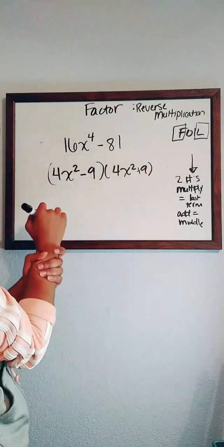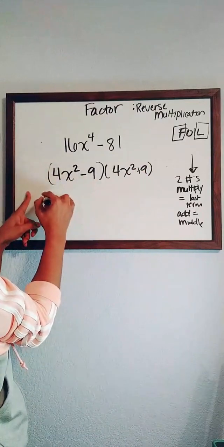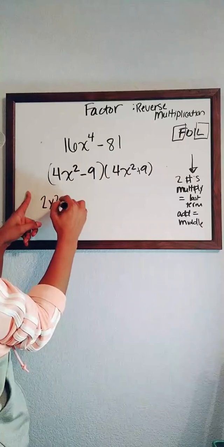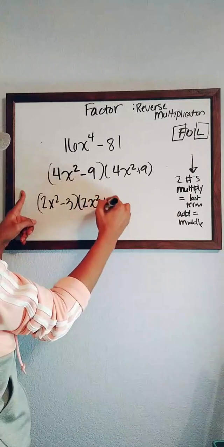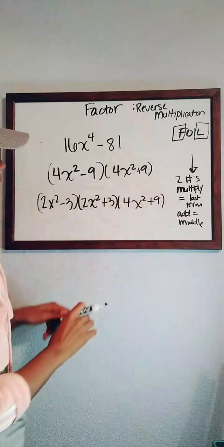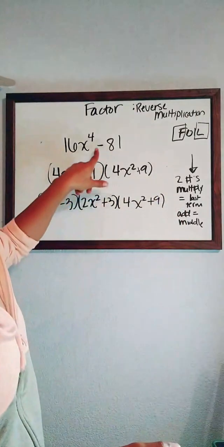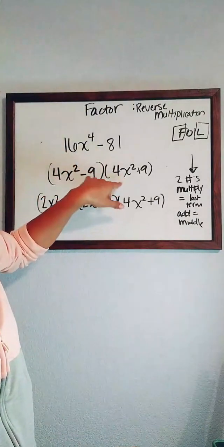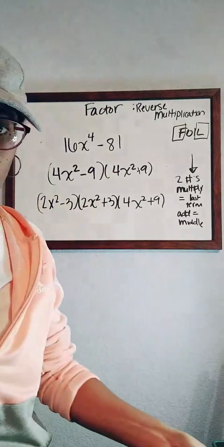And I think this one you would end up doing 2x squared minus 3 times 2x squared plus 3 times 4x squared plus 9. And that would be the answer. I think I'm right. So this is a difference of 2 squares. If it's a perfect square, you would do it like this, and then until you can't factor it anymore. Does that make sense?